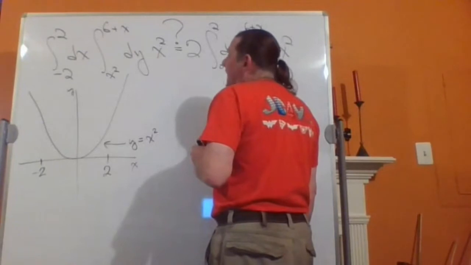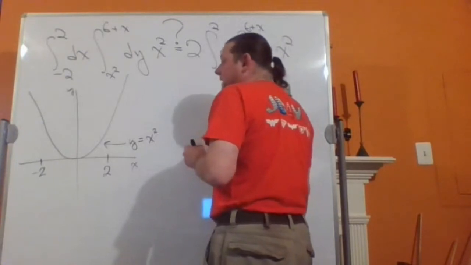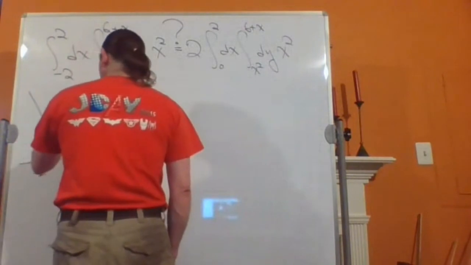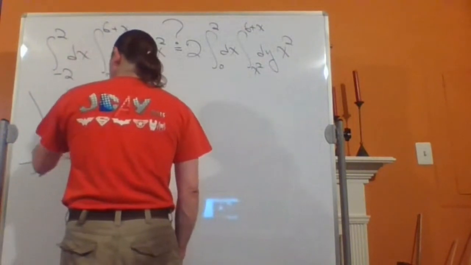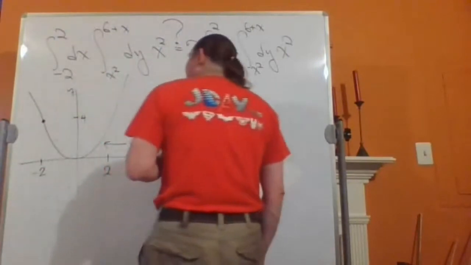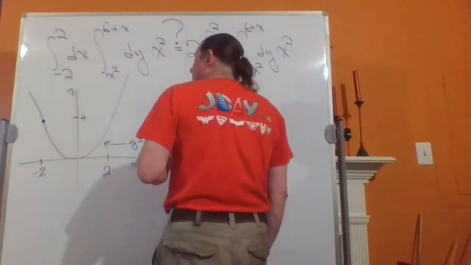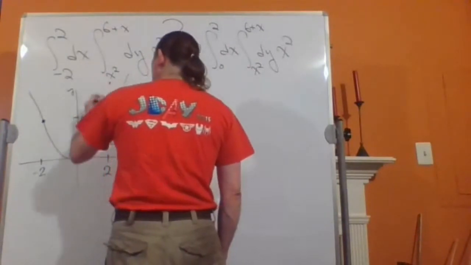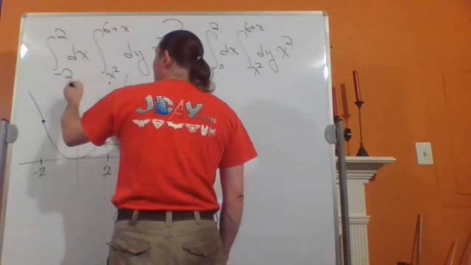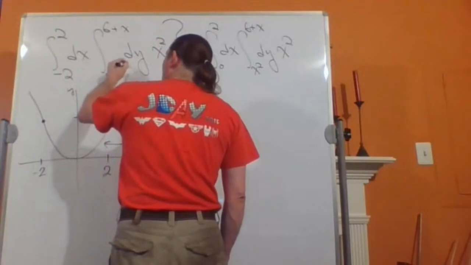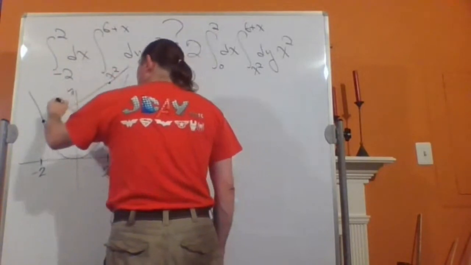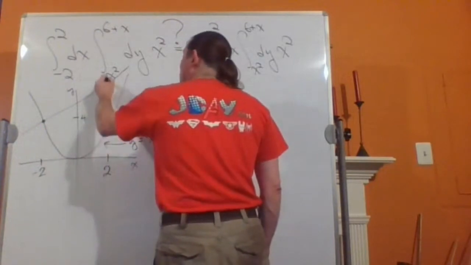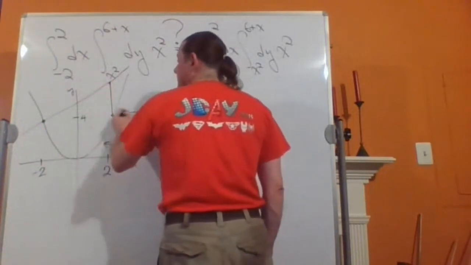Well, when x equals -2, 6 plus x will be 4, which coincides exactly with this graph. When x equals 2, 6 plus x equals 8, which is twice as far up. All right? So our region looks like this.